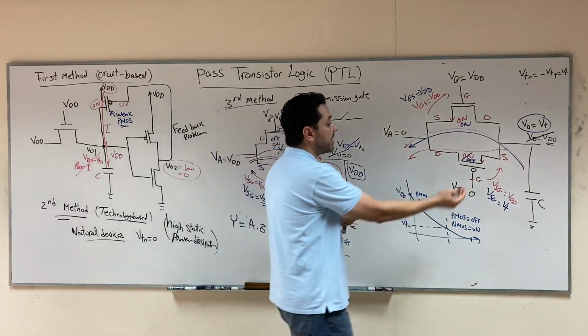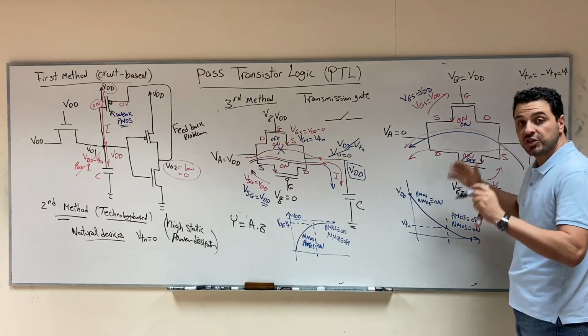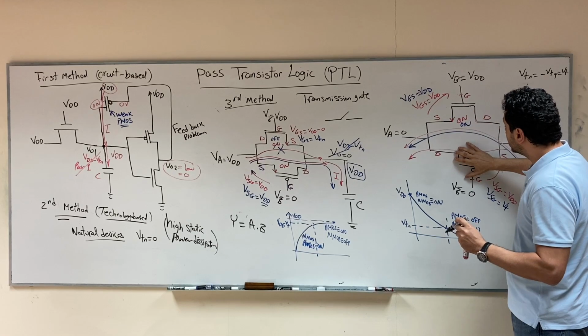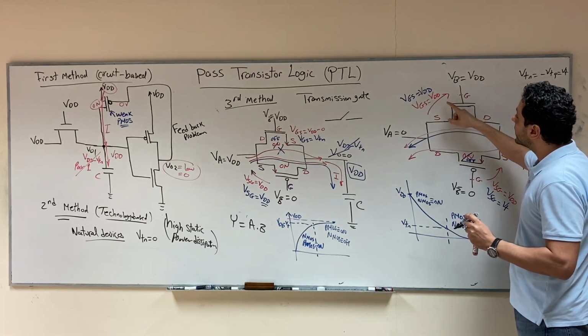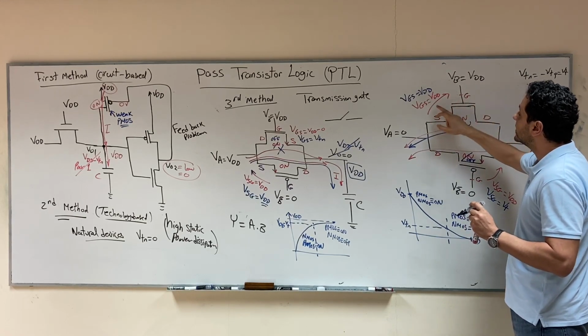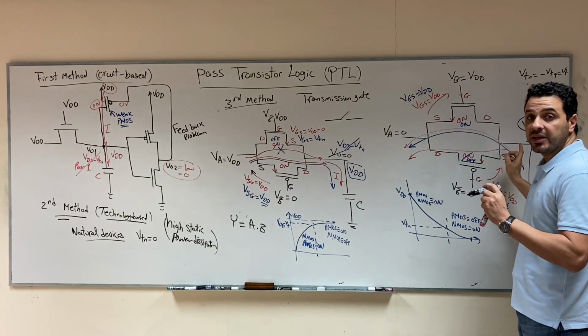Same here, when the capacitor is discharging, in the beginning it will discharge through two transistors, which is a very high speed for discharging. Even if the p-mos turns off, the n-mos will be working fully with VGS equals VDD. VGS of the n-mos will not be affected by V output, by the voltage of the capacitor.